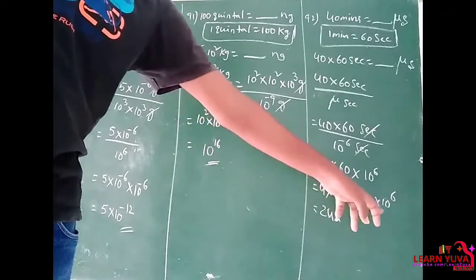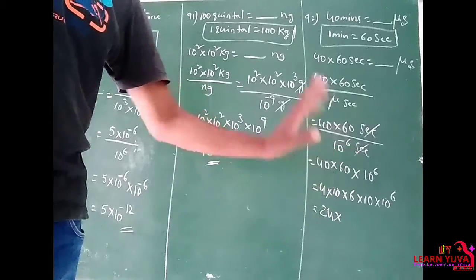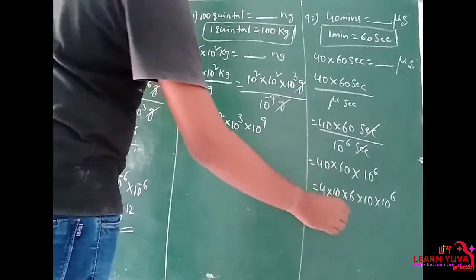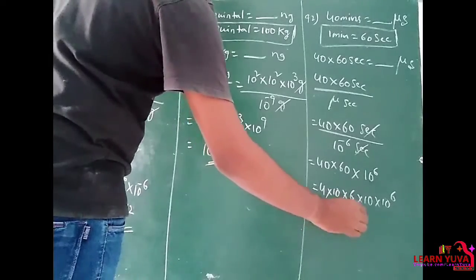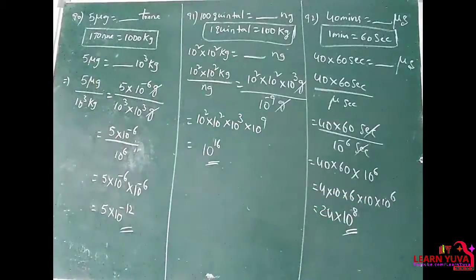When the bases are same, powers should be added, and if nothing is there, the power value is 1. So 6 plus 1, 7, plus 1, 8. So 24 into 10 power 8 microseconds. Clear?